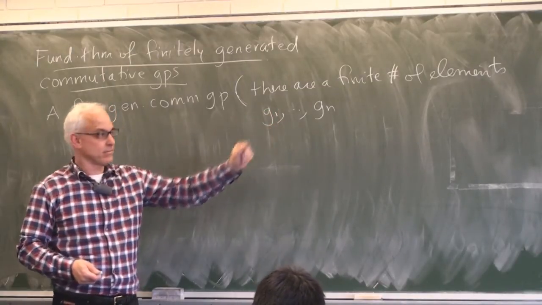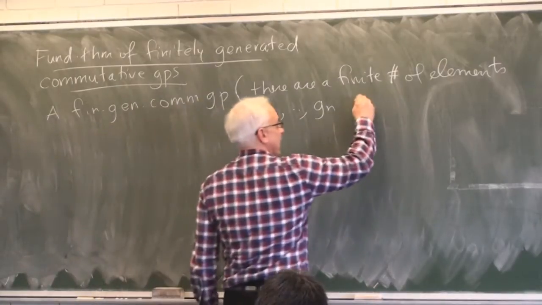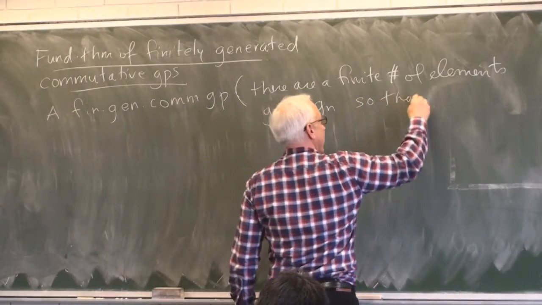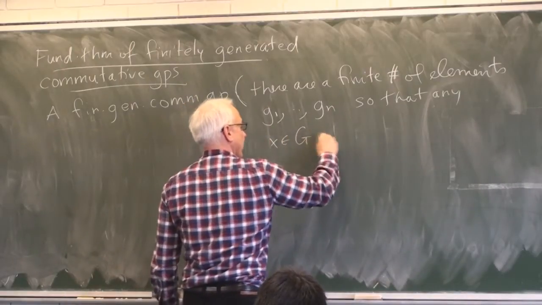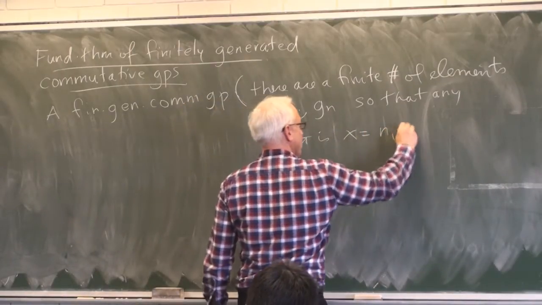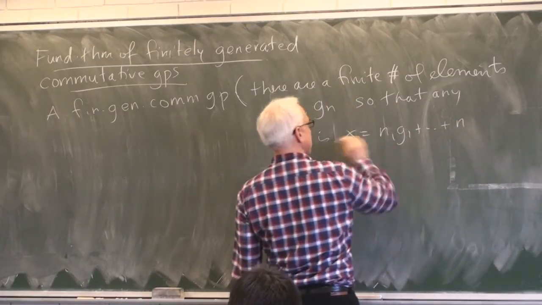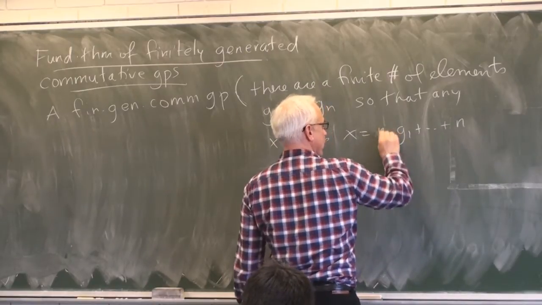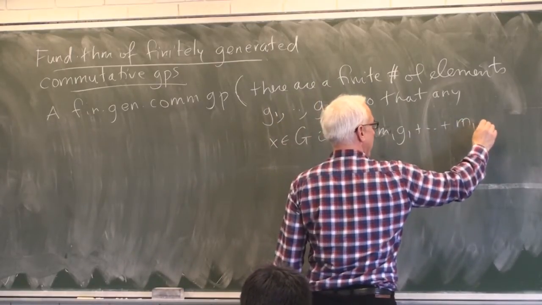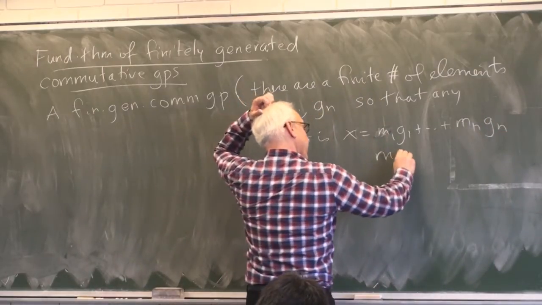So any x in the group is of the form x equals m1 g1 plus ... plus mn gn, where the mi are in Z.